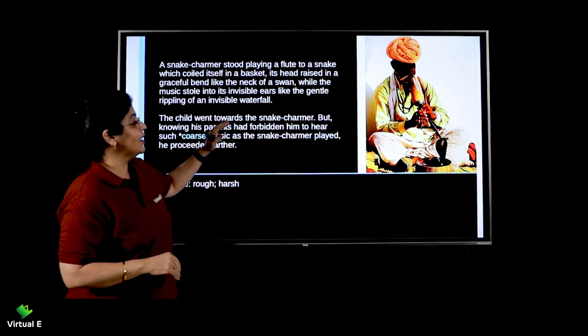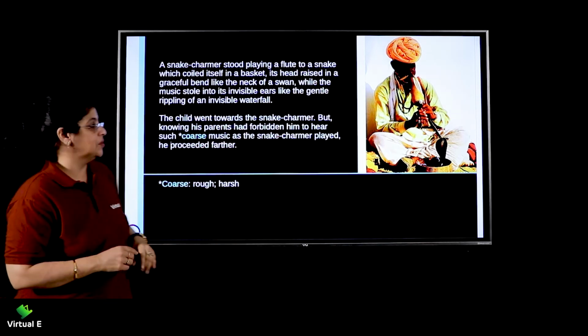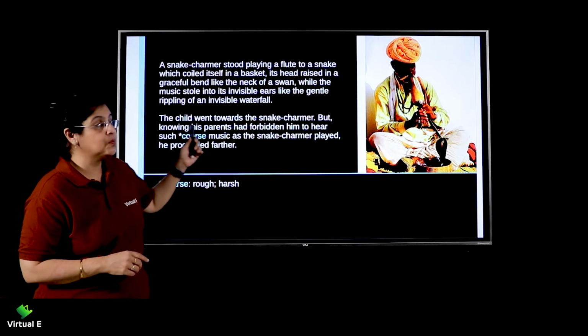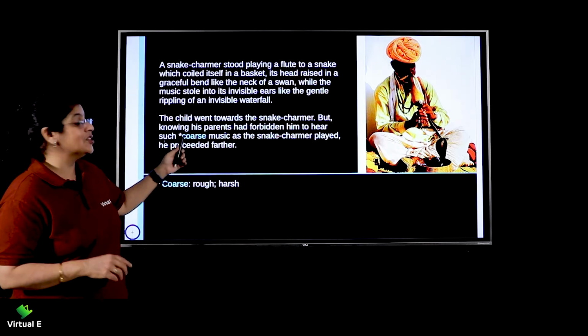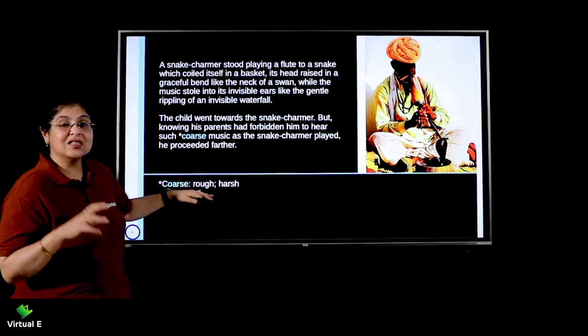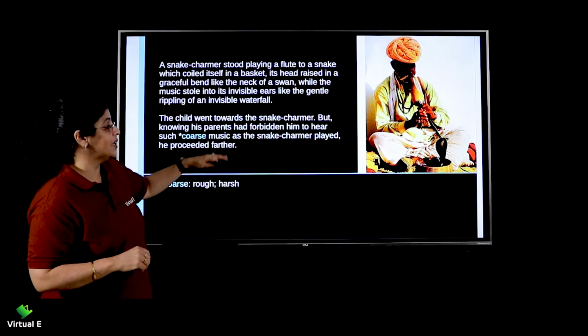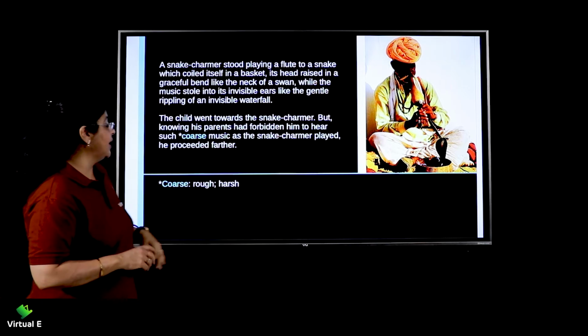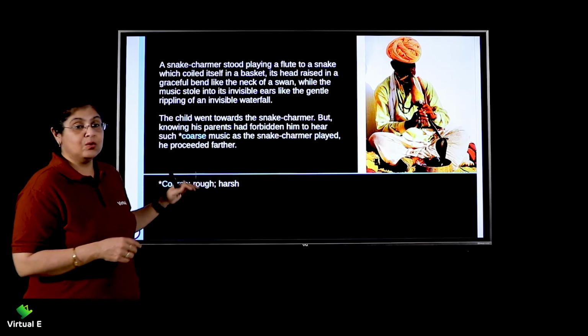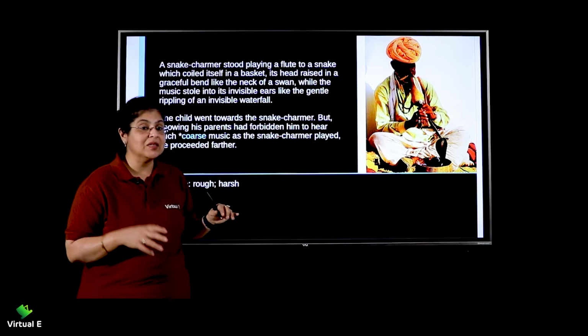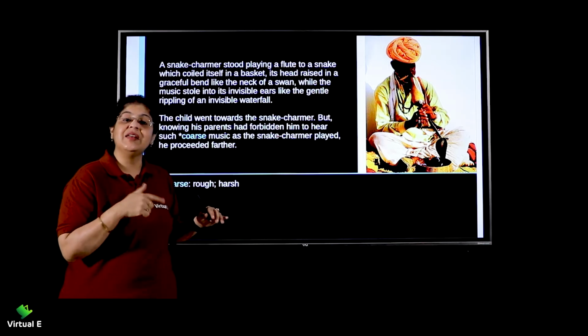The child went towards the snake charmer, but knowing his parents had forbidden him to hear such coarse, such rough or such harsh music as the snake charmer played, he proceeded further. Now, he knew when he went to the snake charmer, see, this child is very well trained.